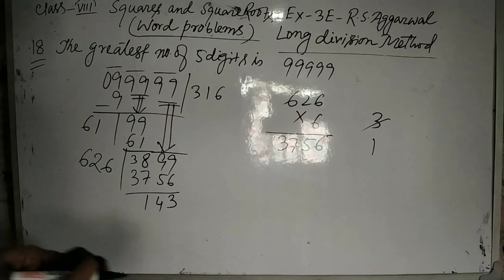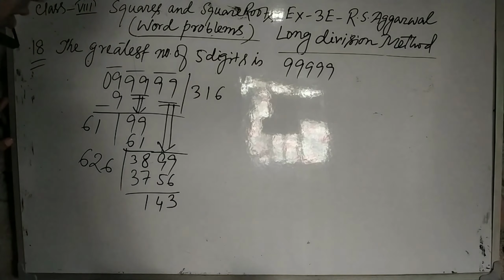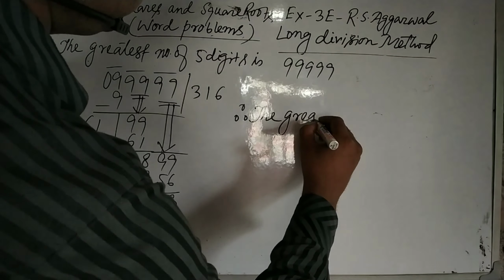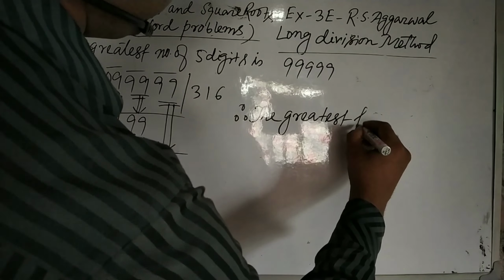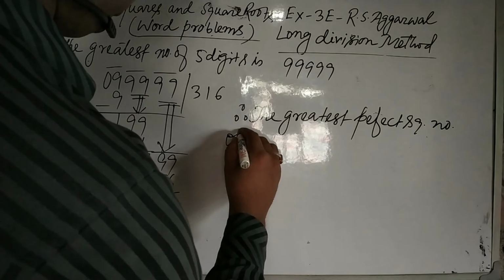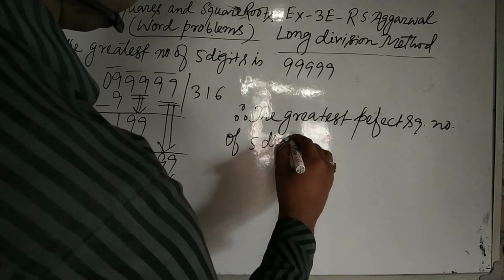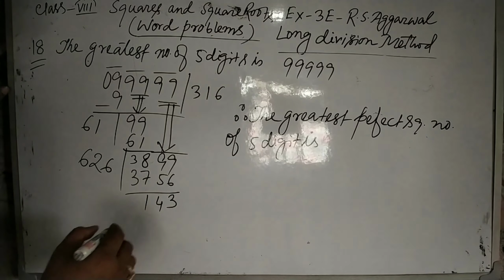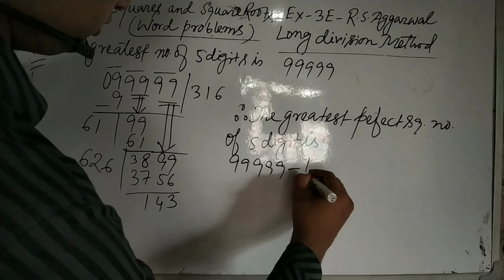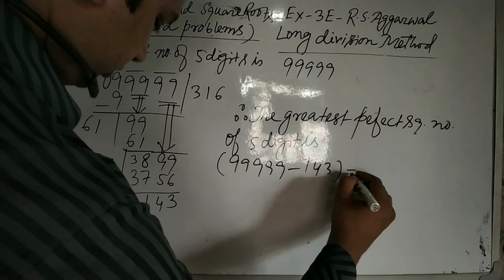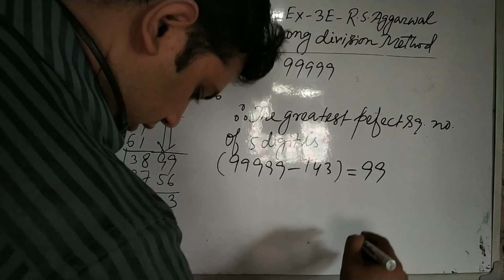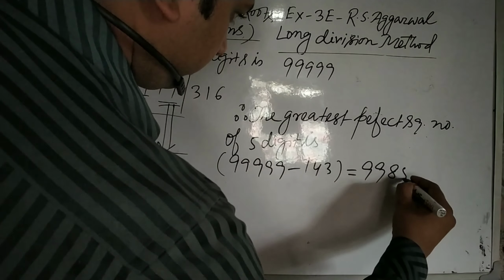So write down. Therefore, the greatest perfect square number of 5 digits is 99999 minus this remainder 143, that is 99856.